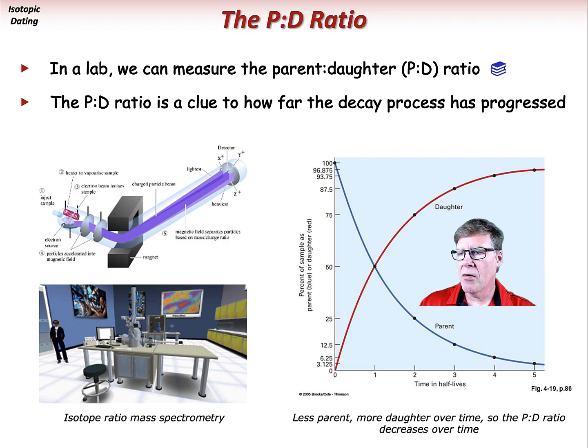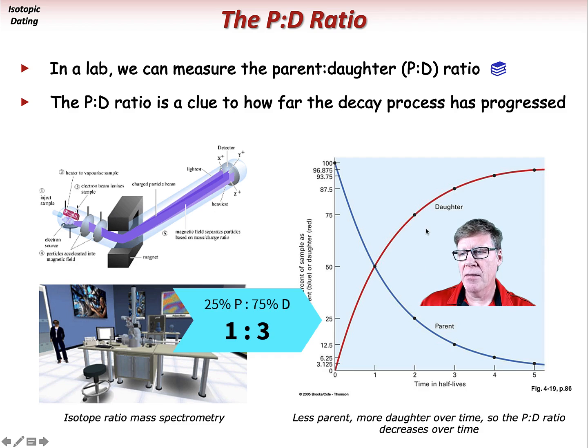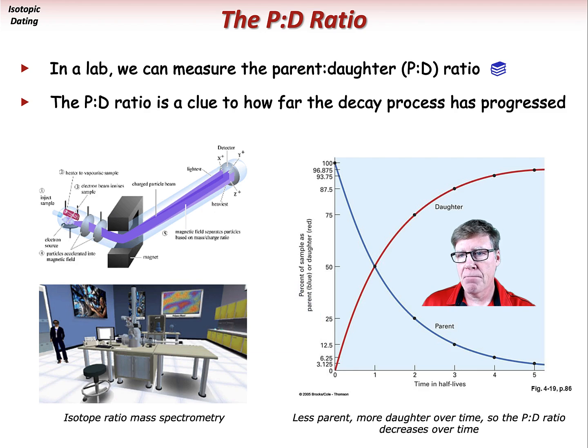Still later, there's now less parent and more daughter, and at some point we might have 25% parent, 75% daughter. And this would be a parent-daughter ratio of 1 part parent, 3 parts daughter, or 1 to 3. Decay will continue out indefinitely, with less and less parent and more daughter, and so this will yield increasingly smaller and smaller parent-daughter ratios.